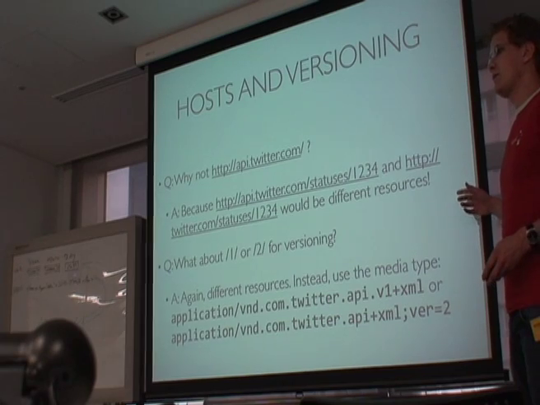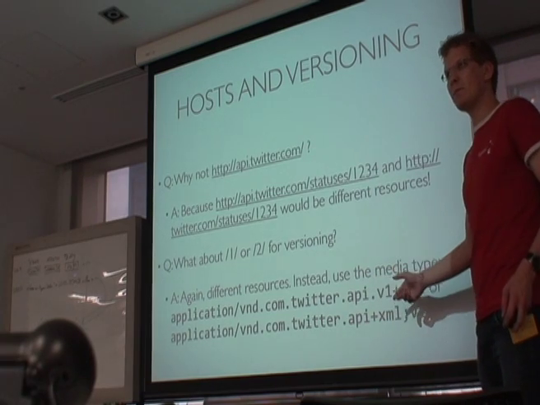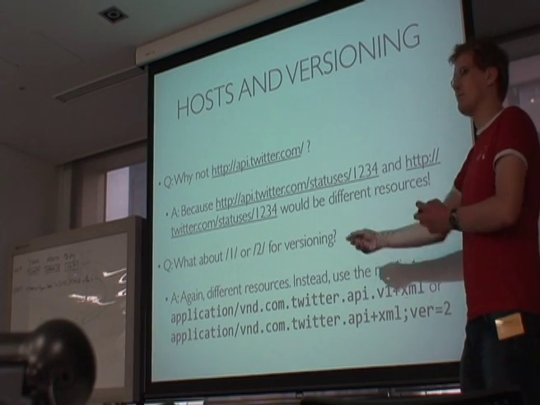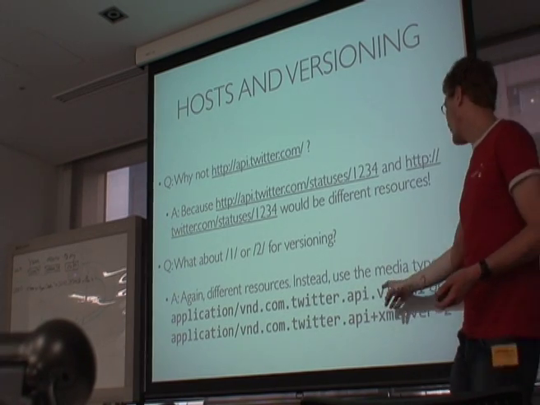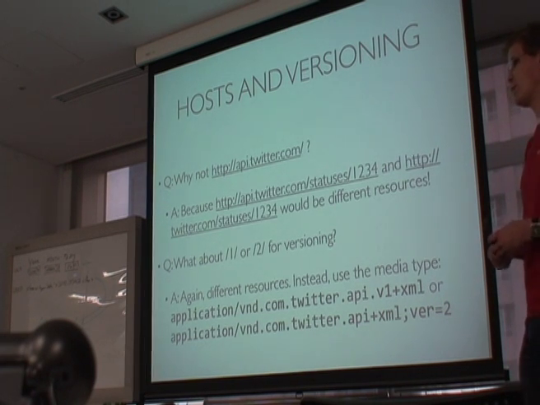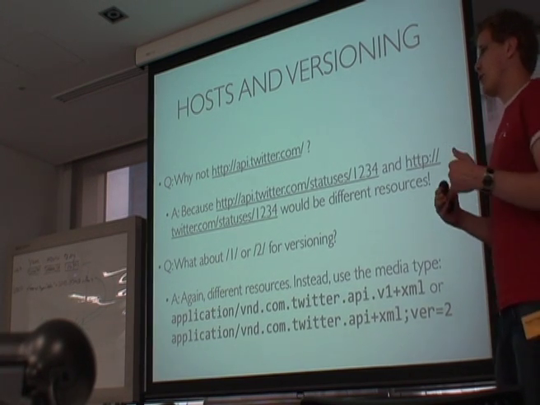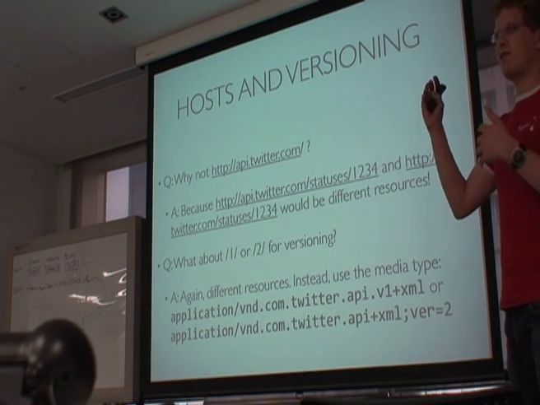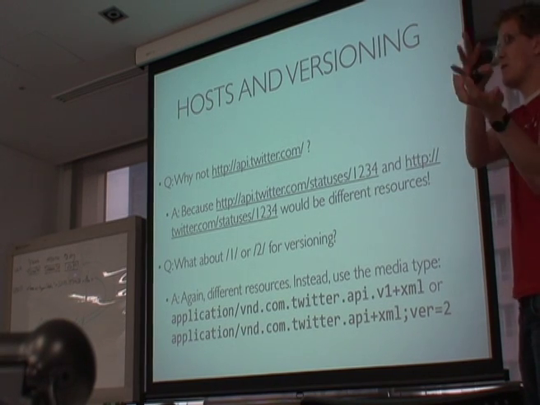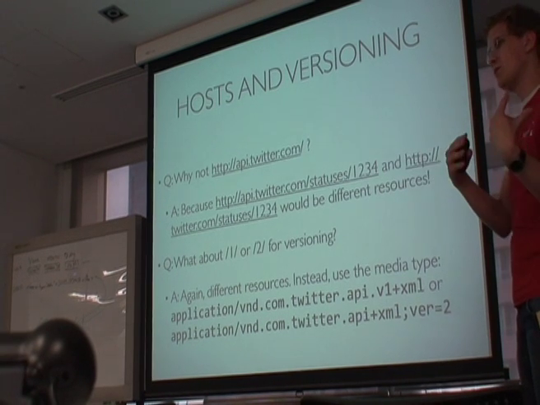And then a client sends accept application vendor com Twitter API v1, and then the server knows, oh, old client, I will send him back v1. If the client says I know v1 and v2, we can send a newer version of the interface back. And you know how I talked about you can theoretically just add a new link with rel payment. Done. If it doesn't break the interface, you can do that.